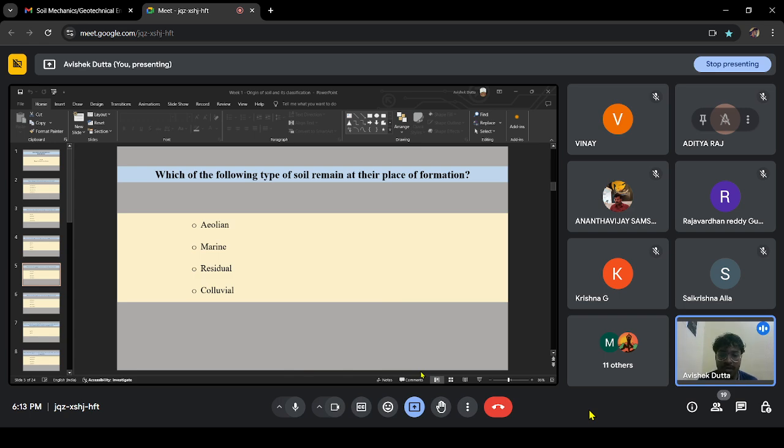This is the fourth question I'm dictating. That means wherever the parent material is degraded, the soil is formed in that very same location. So, which type of soil remains at its place of formation? Your options are aeolian soil, marine soil, residual soil, or colluvial soil.